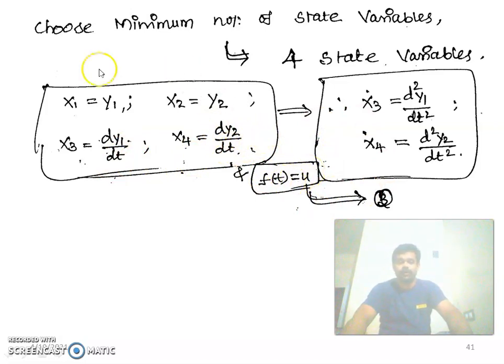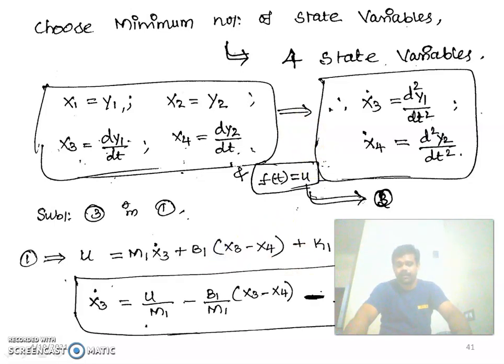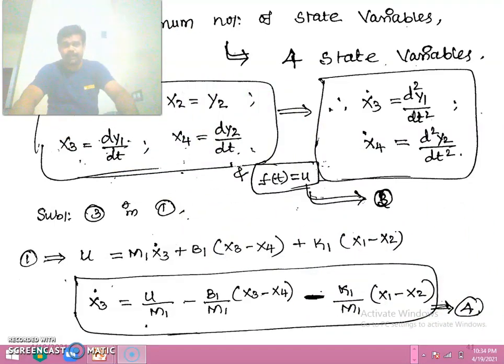Now from these variables we are calculating x3 dash. x3 dash is nothing but d square y1 by dt square, and x4 dash is nothing but d square y2 by dt square. So now we are going to substitute these in the differential equation.